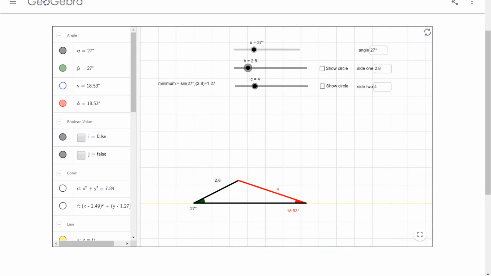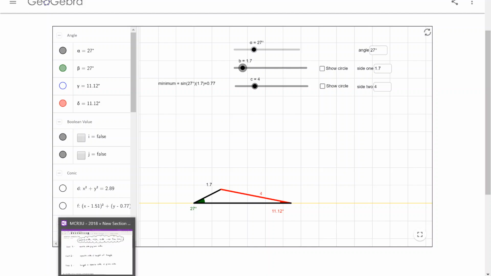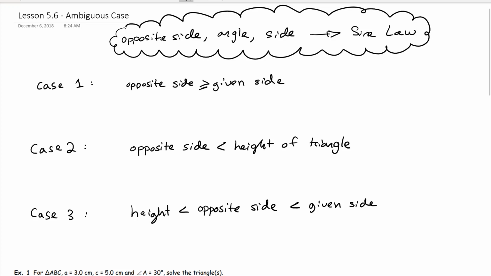So as soon as the opposite side becomes bigger than the given side over here, I'm only able to have one triangle. So the ambiguous case kind of goes away. So if your opposite side is bigger, then there's only one triangle.